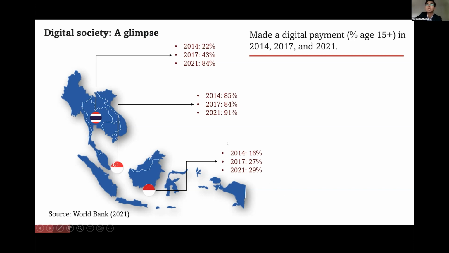In Thailand, it's not really different, but in 2021 it dramatically increased to 84% of the population paying digitally. And interestingly, in Singapore, of course, digital payment has a bigger number among the three Asian countries, showing 91% in 2021.